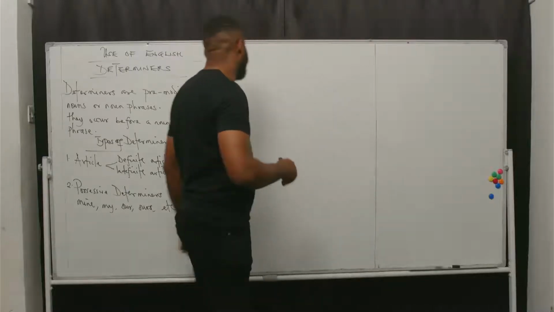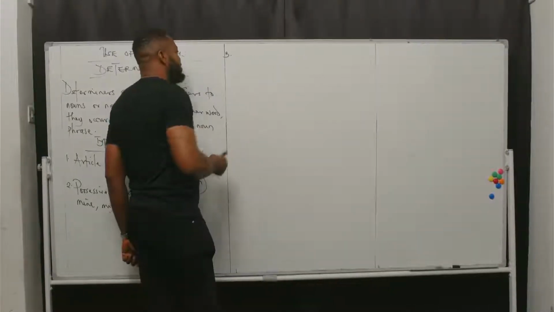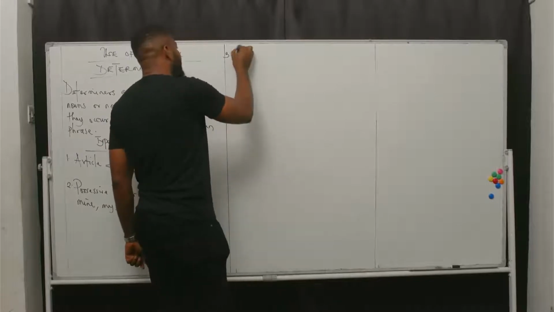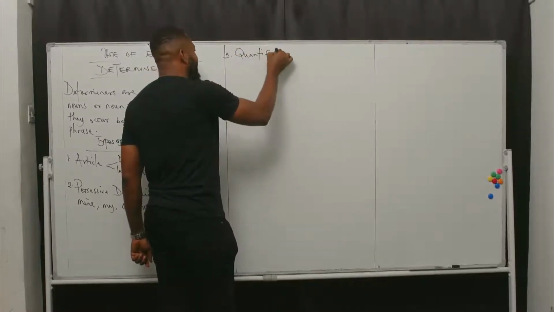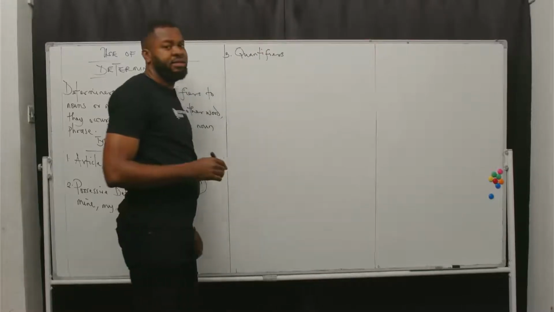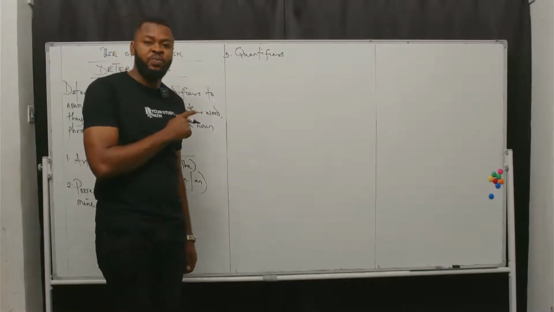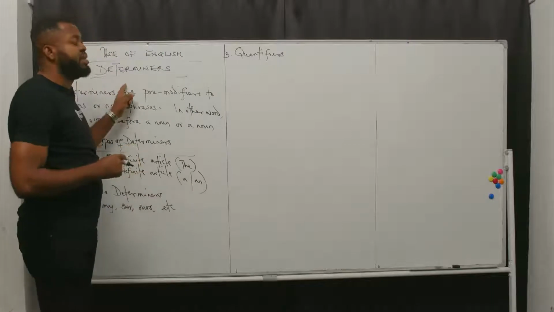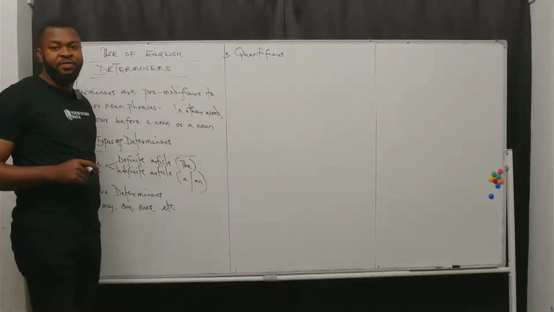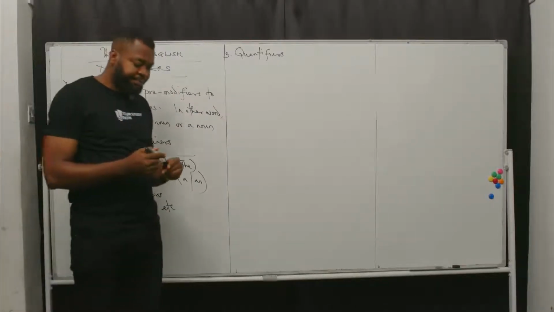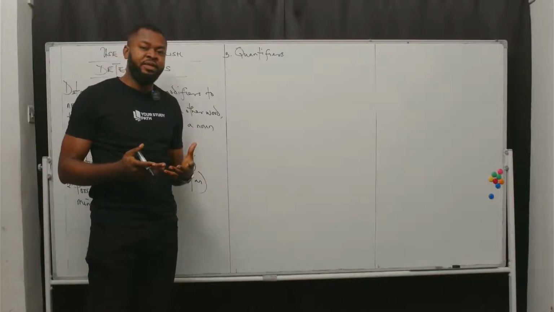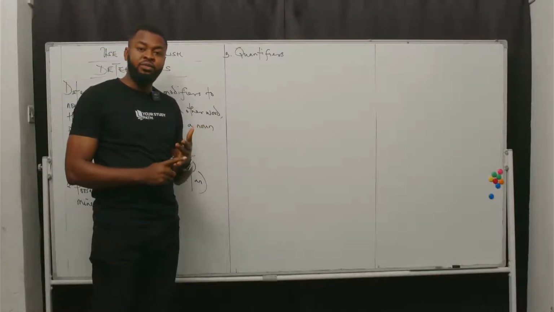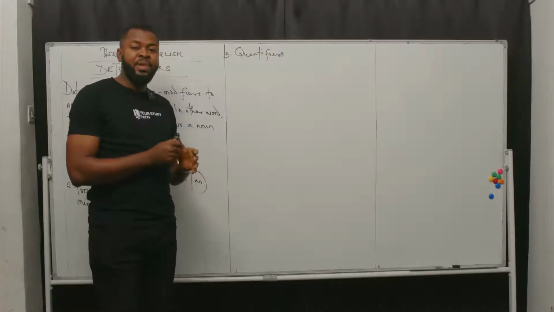Let's look at the third aspect. That's number 3. Now, this is talking about quantifiers. This is the most confusing aspect when it comes to determiners. Many people do not know how to make use of certain quantifiers like little, a little, few, a few, many, much.